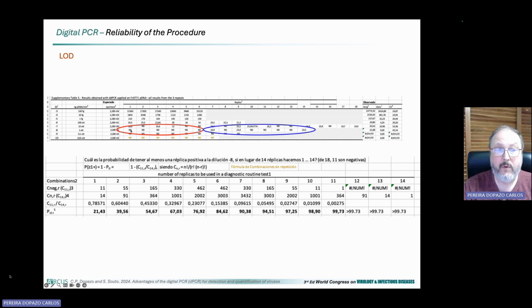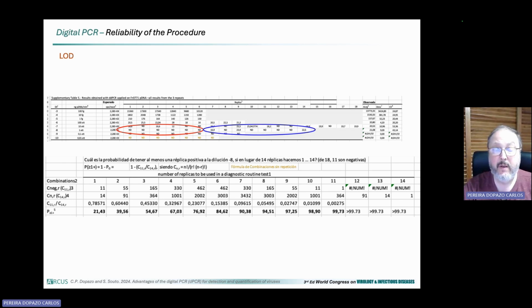So in this case, for determining the limit of detection, we applied 14 replicas in this dilution, and we obtained 3 positive replicas. You can say that using so many replicas for diagnostic quantification is quite expensive and not convenient. So we decided to calculate the minimum number of replicas we needed in this dilution to be able to detect at least one positive.